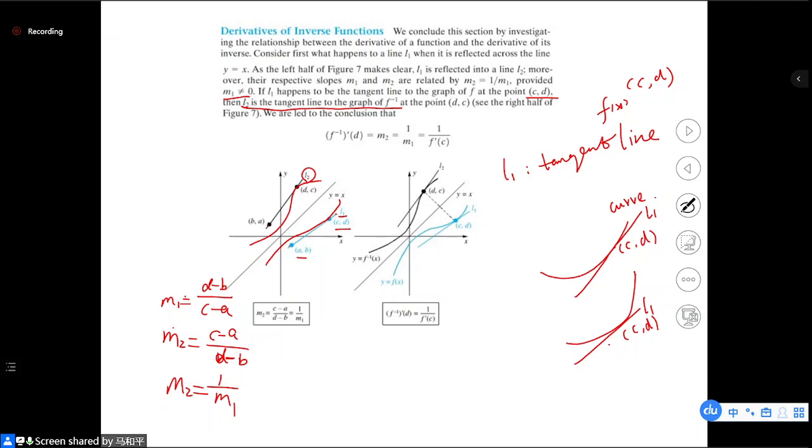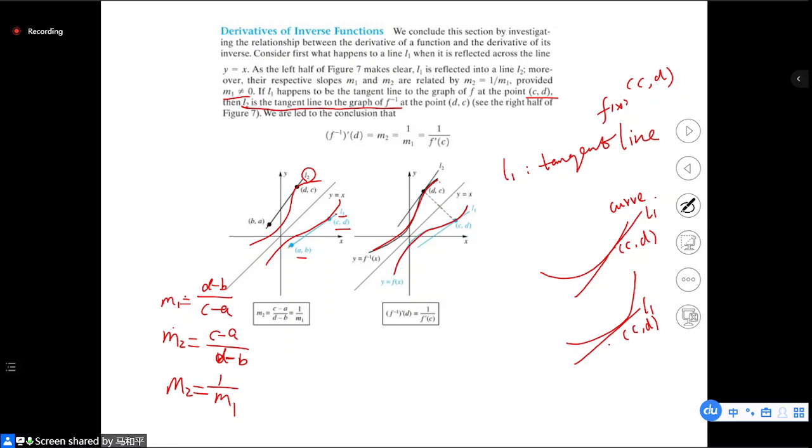This means this is one curve, which has the straight tangent line at the point (c, d), and this other curve is the reflection of the graph of this one across y = x. Then L2 is the tangent line of this curve.